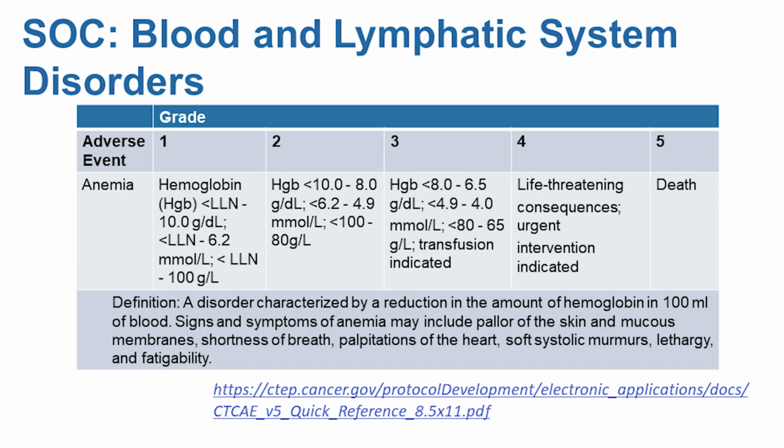But let's take a look at an AE term. I selected anemia. It falls within the blood and lymphatic system disorder SOC. And the SOCs in general are located alphabetically, and the adverse event terms also are listed alphabetically within a SOC. And as I mentioned, each SOC has an other AE term.